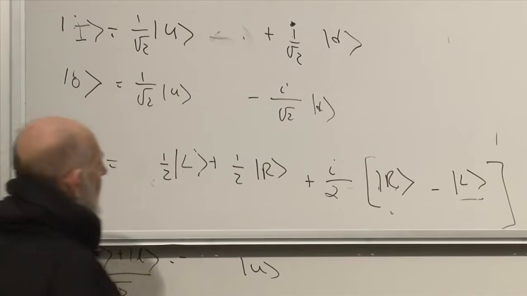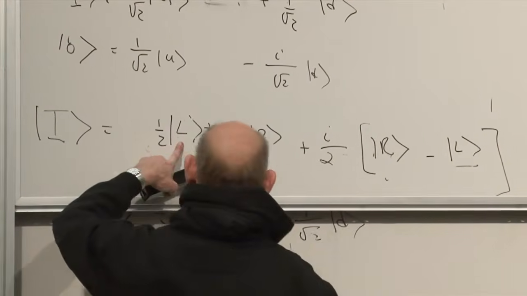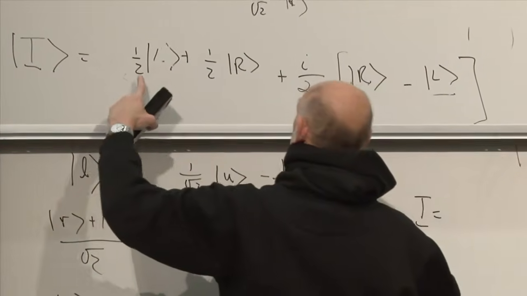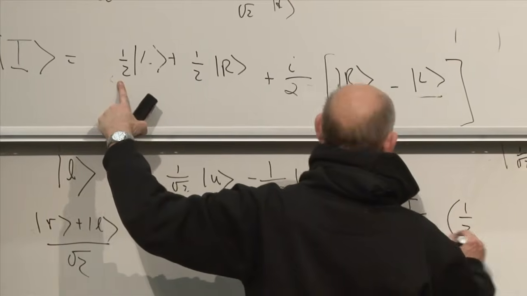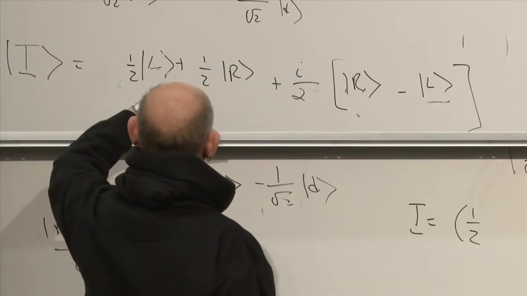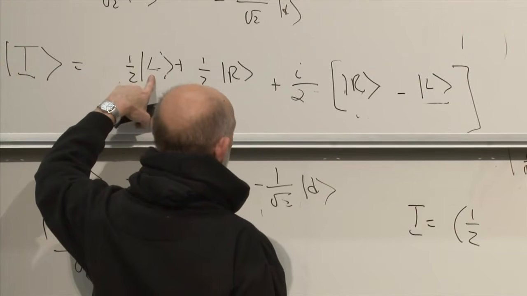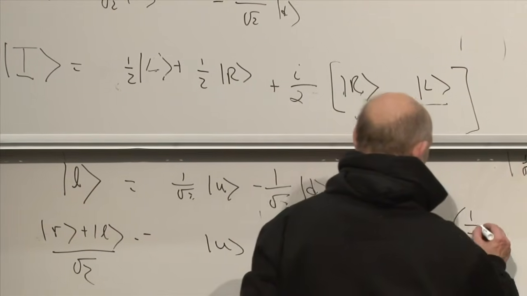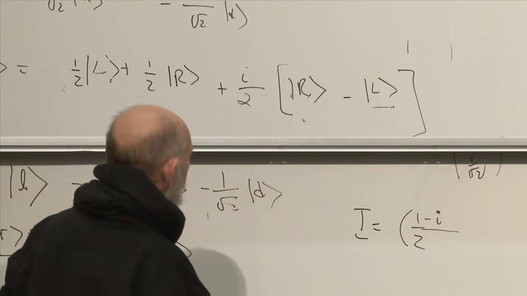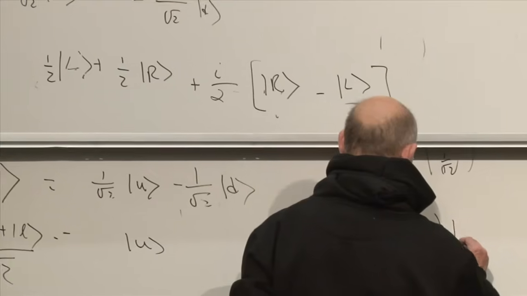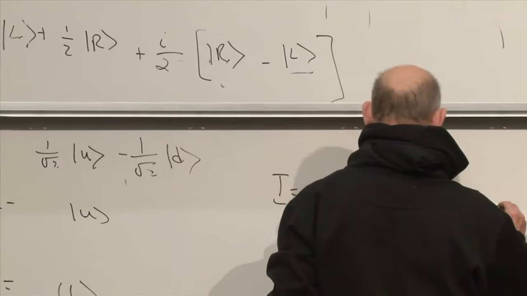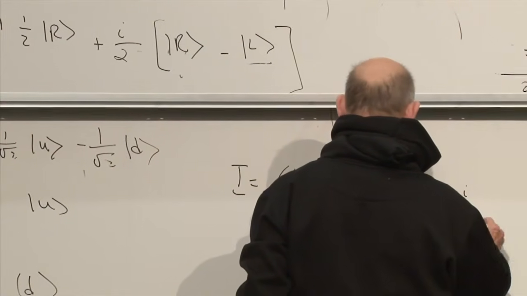Good. Okay, so what do we get? We get a coefficient times left. All right, so here we are. I is equal to 1/2 times 1 minus i times left, plus, I think it's 1 plus i over 2 times right.